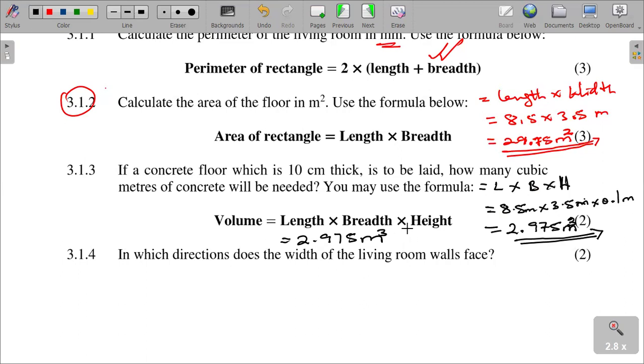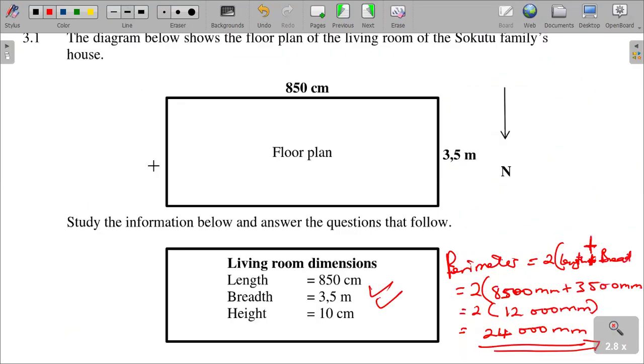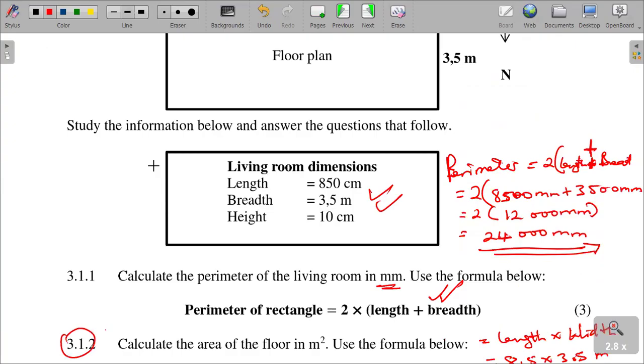In which direction does the width of the living room face? The direction of the living room, it actually faces what? West and east.